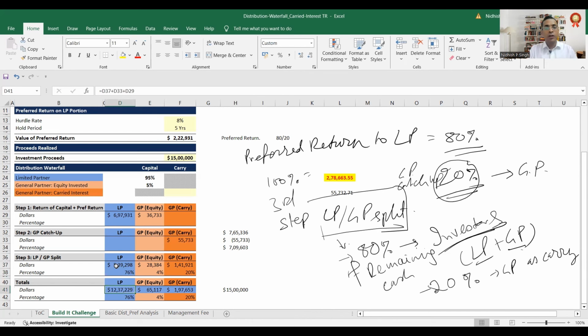This is what we do in the third step. And finally, we just take the sum total of all the distribution to LP as investor, GP as investor, and then GP carry. This is how the waterfall is calculated. So as you can see, step 1, 2, and 3. This is like water falling through stairs or hills, in a stepwise manner.